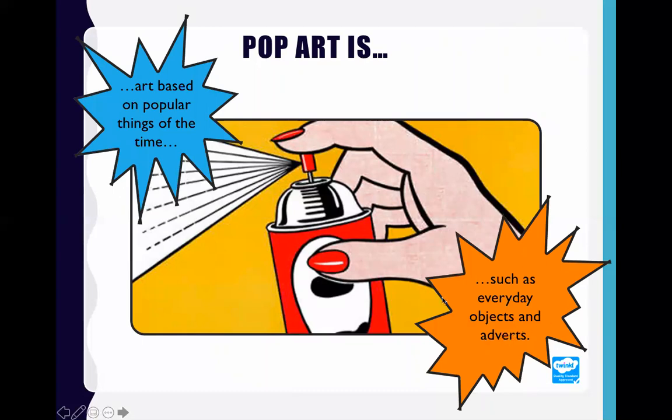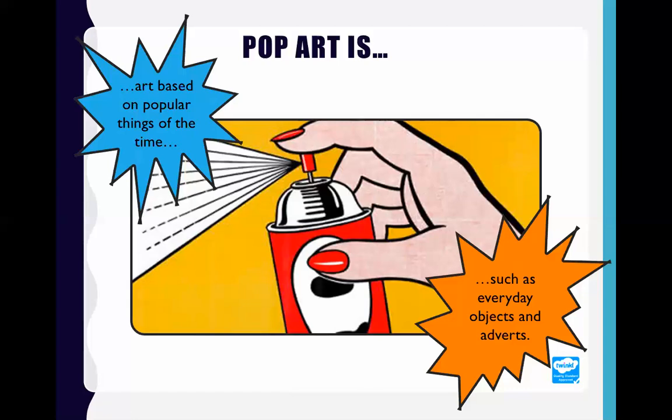Something that was very popular in the 1960s was pop art based on the likes of Coca-Cola cans, baked bean cans. A lot of artists took inspiration, so ideas, from advertisements that you'd see on the telly or on big billboards. They thought, I'm going to make that in a really cool way, and I'm going to paint it in an artistic way.